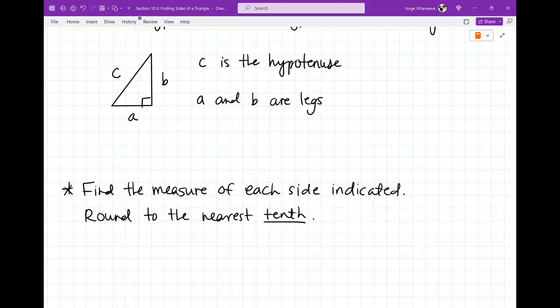Okay, tenth means one number after the decimal, right? So one number after is the tenth, then the hundredth, then the thousandth, right? 10,000s, 100,000s, millions, etc. So there is no one place. Sounds weird to say. So there's a tenth place right after the decimal. All right. So we're going to round to the nearest tenth place.